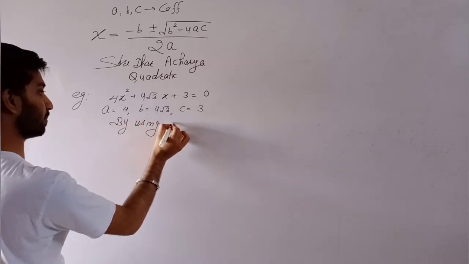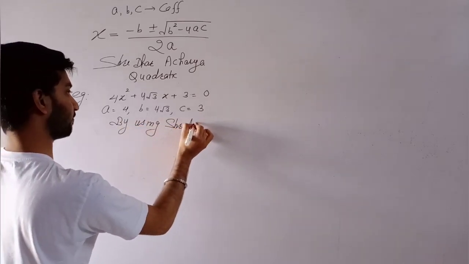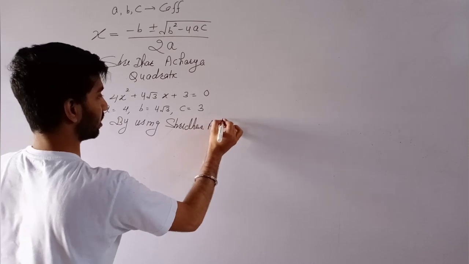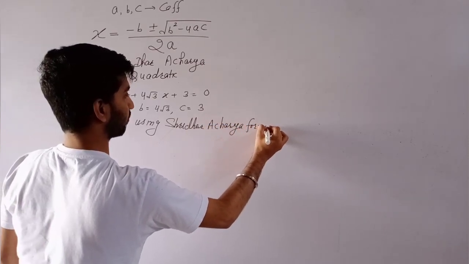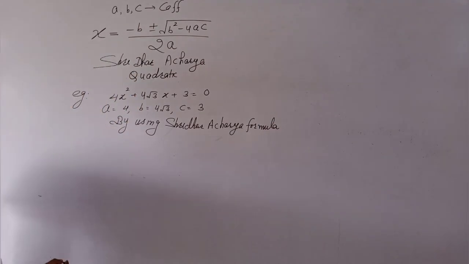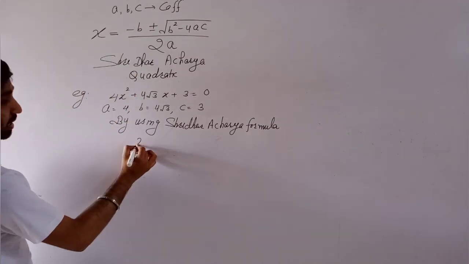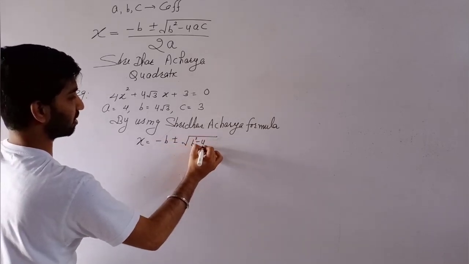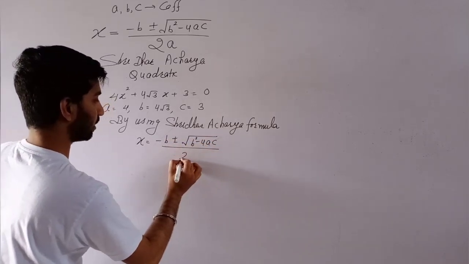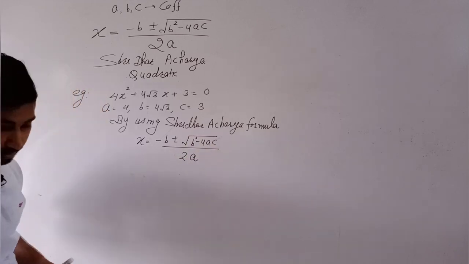By using Sridharacharya formula, we know that the formula is x is equal to minus b plus minus root of b square minus 4ac upon 2a.